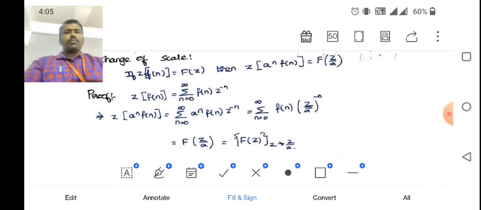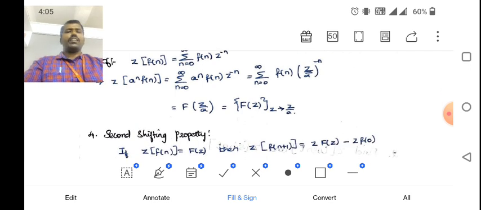Z transform of a power n f(n) equals summation n equal to 0 to infinity a power n f(n) z power minus n, which is summation of f(n) into z by a whole power minus n. That is F(z by a), F(z) with z tends to z by a.